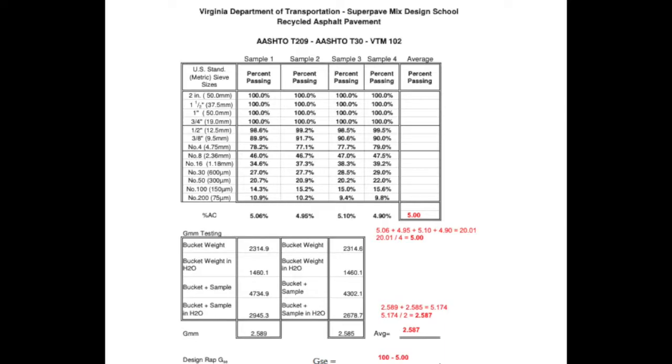So we ran our GSB on our 8s, our 78s, our B sand, and our natural sand. RAP is covered in asphalt, so we have to use the GSEs when we do our final calculation for the mix design.